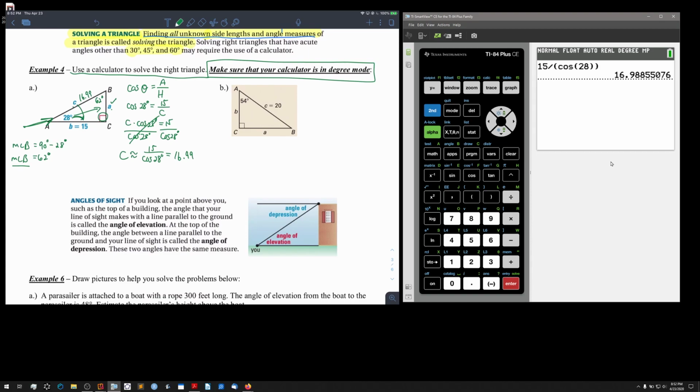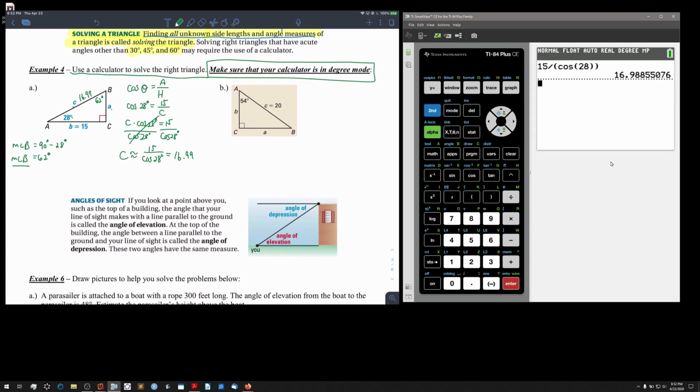And now there's actually two ways you can find A. I can find A using a trigonometric ratio, or I can find A using Pythagorean theorem. If I were you, I would just stick with Pythagorean theorem because it's something you know very, very well, and you shouldn't make mistakes doing that.